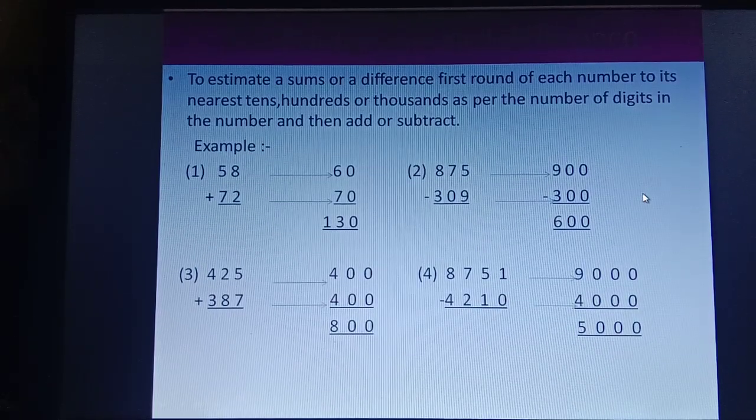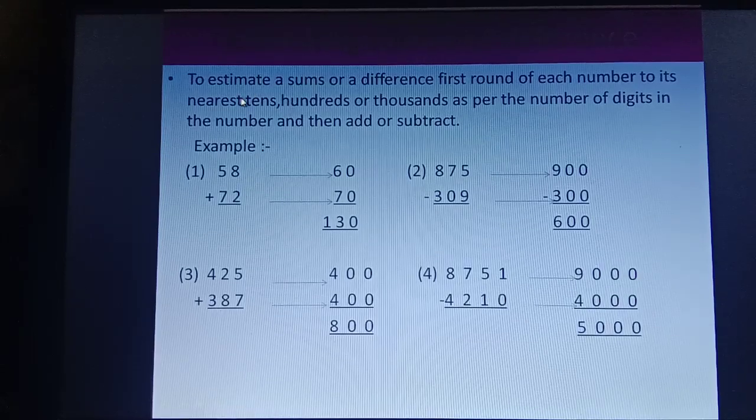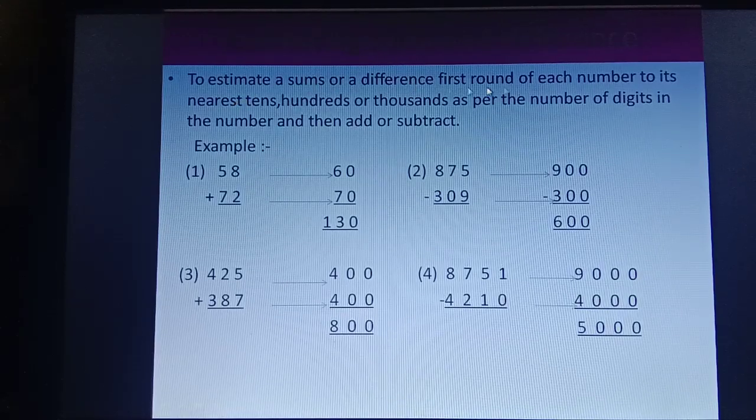Now in the last there is estimating sum and difference. Okay, so children, one thing you have to be very careful about here. Just see here, to estimate a sum or difference, first round off each of the numbers to its nearest 10, 100 or 1000 as per the number of digits in the number, and then add or subtract. Here there are 2 digit numbers, so you will round off up to the 10s place.